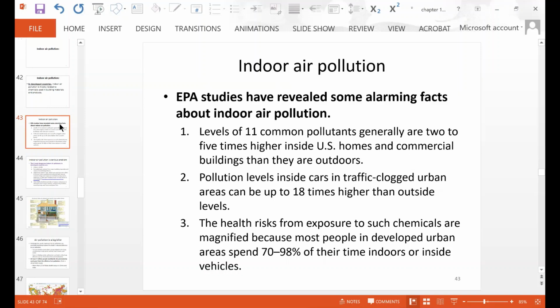Levels of 11 common pollutants generally are 2 to 5 times higher inside US homes and commercial buildings than they are outdoors. Pollution levels inside cars in traffic clogged urban areas can be up to 18 times higher than outside levels. And the health risks from exposure to such chemicals are magnified because most people in developed urban areas spend 70 to 98% of their time indoors or inside vehicles.